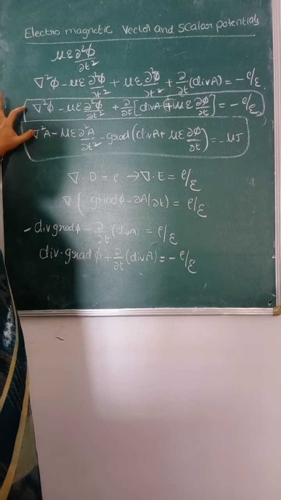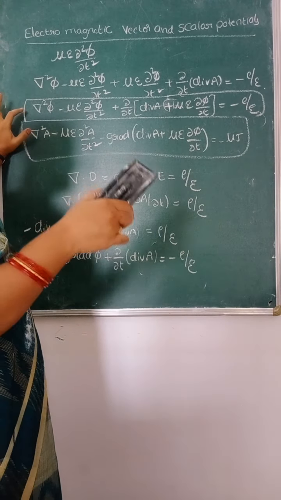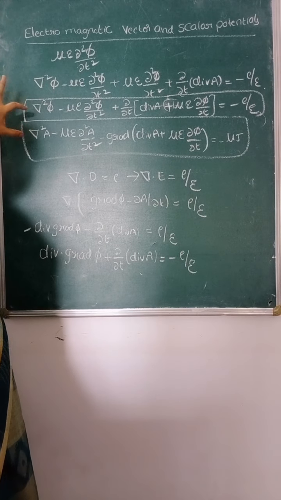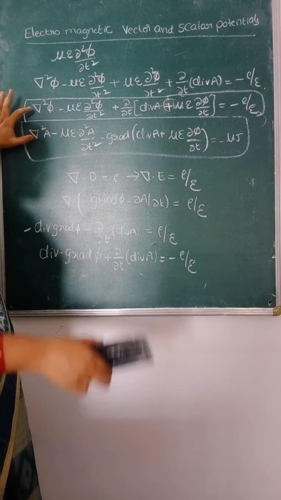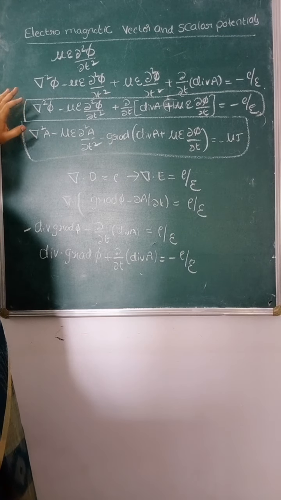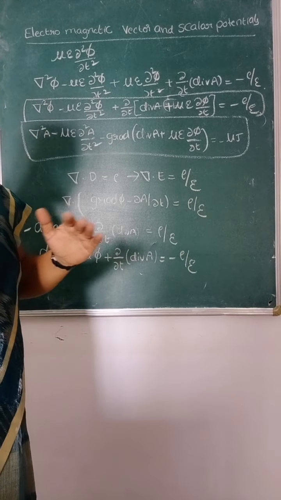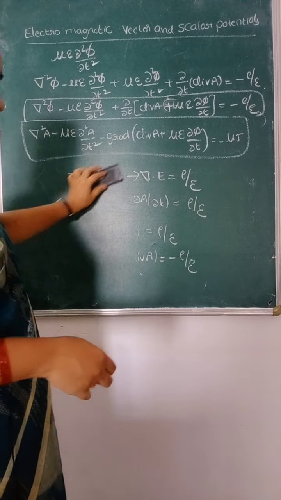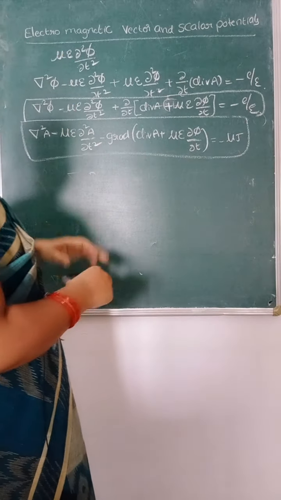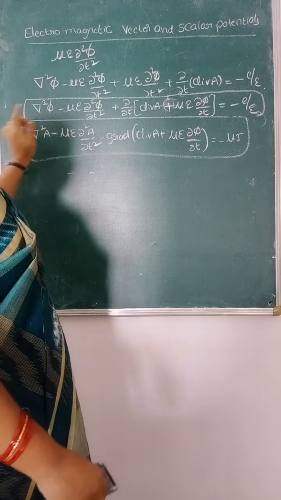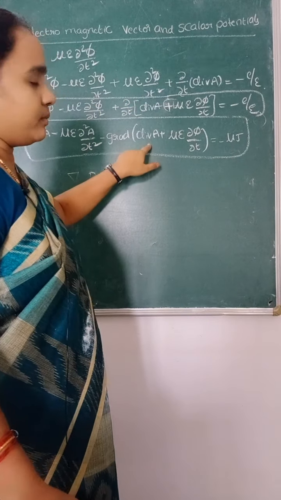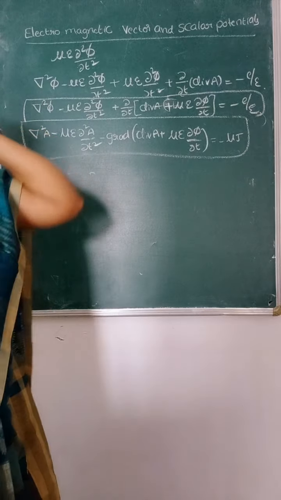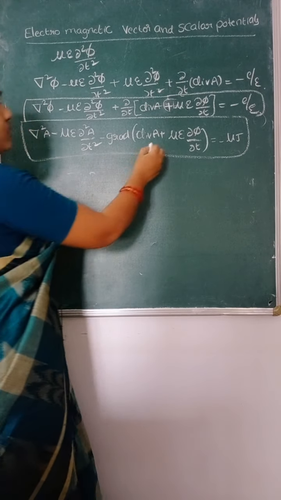In place of the 4 Maxwell's equations, we can replace them with these equations also. The 4 equations and these 2 equations are equivalent. In both these equations, we have a common term, that is divergence of A plus mu epsilon dou phi by dou t.